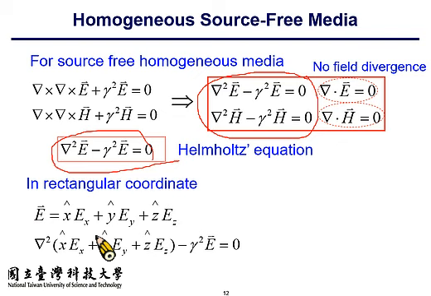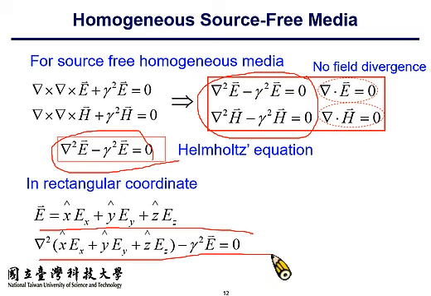The vector E can be divided into three parts: its projection on the x-axis, y-axis, and z-axis. Okay, so taking the Laplacian of this, we end up with this. The wave equation appears in this form.